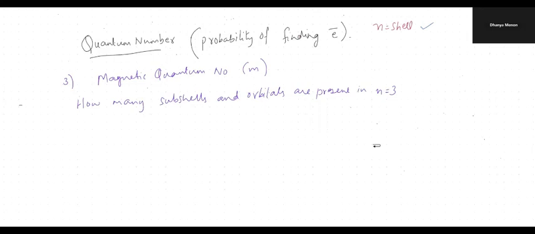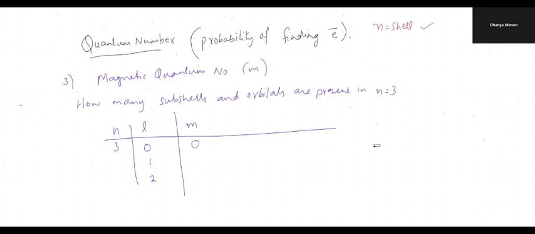When n equals 3, L value is 0, 1, 2. When L value is 0, M value is 0.